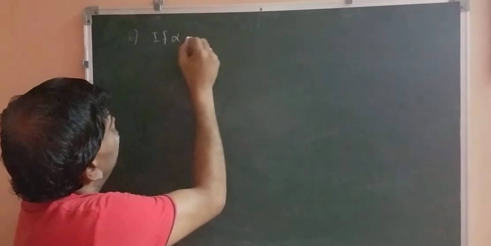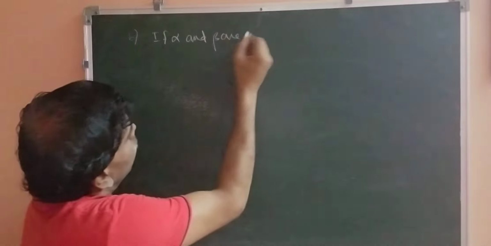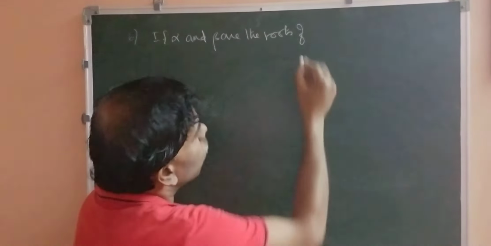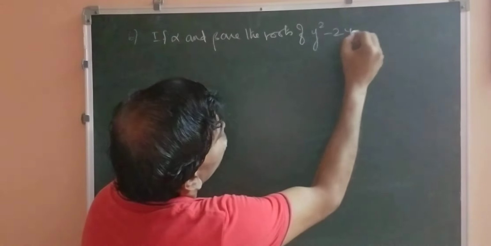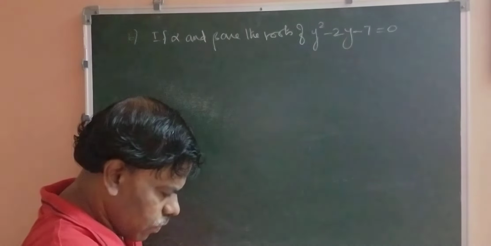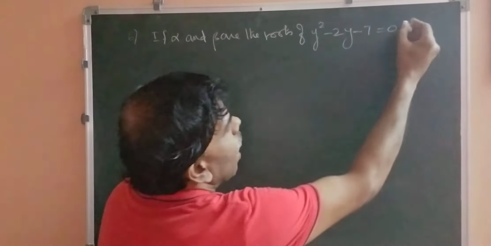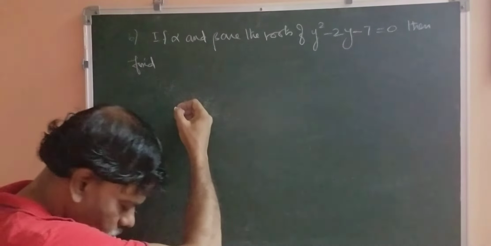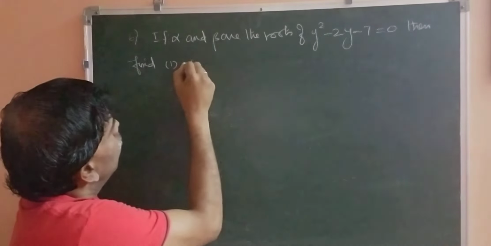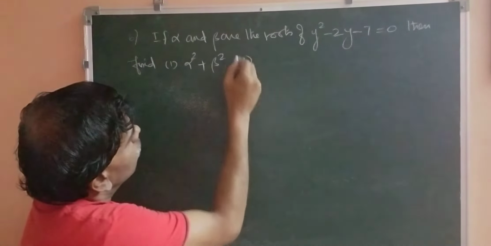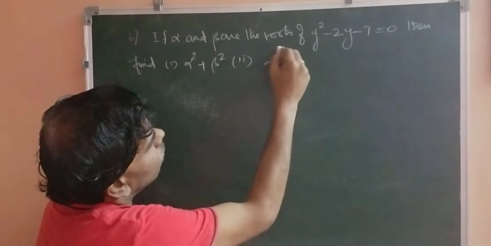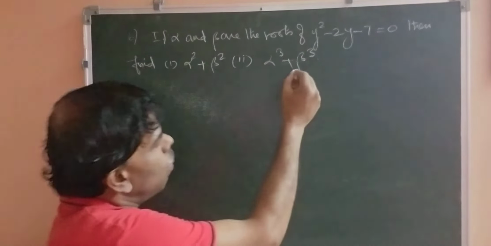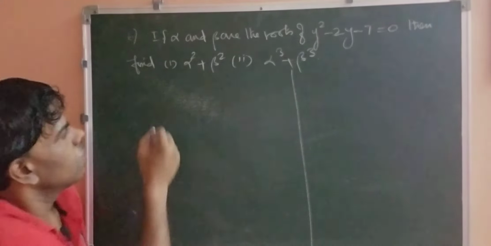If alpha and beta are the roots of y square minus 2y minus 7 is equal to 0, then find alpha square plus beta square and alpha cube plus beta cube. So very simple again. Let us see how to do it. See the solution.